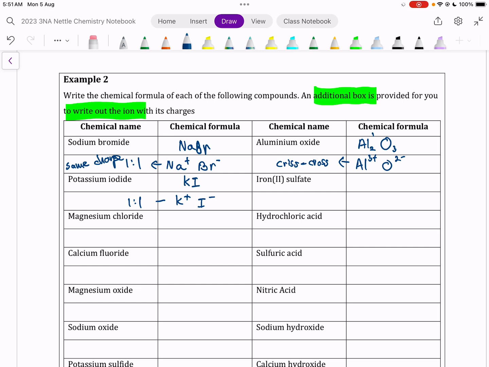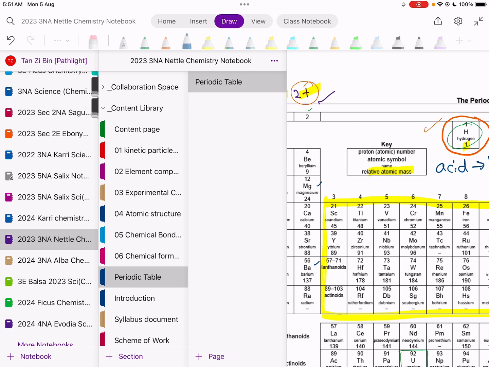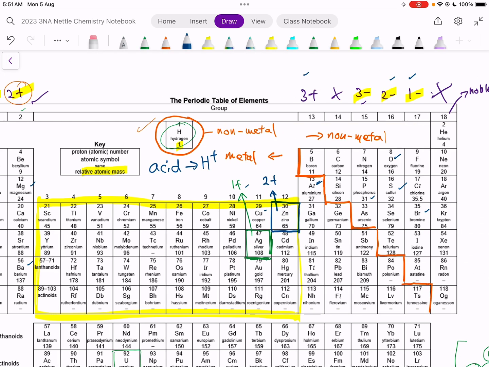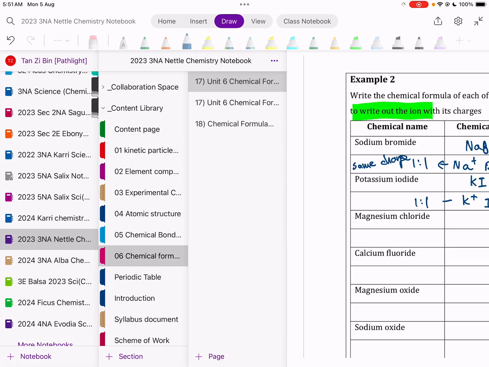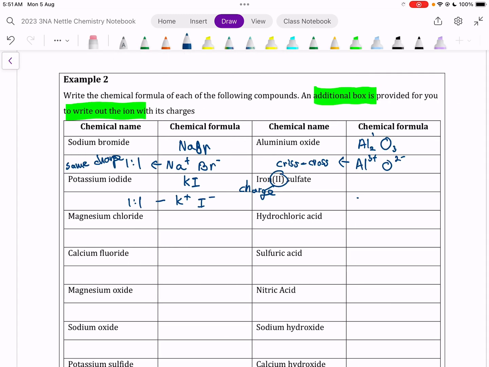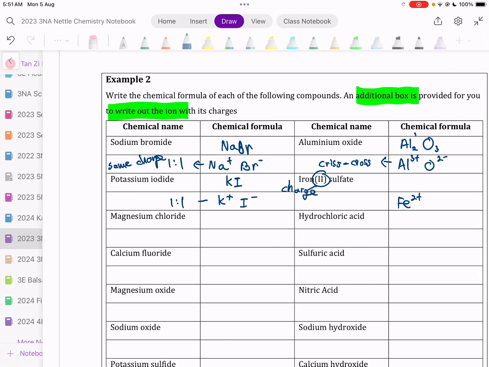Then you have iron 2, this means the charge of the iron. Those in this part of the periodic table, the yellow box, we call them transition metals. So there's no group, so they have to tell you what charge it is. So Fe2 plus, and then sulfate.